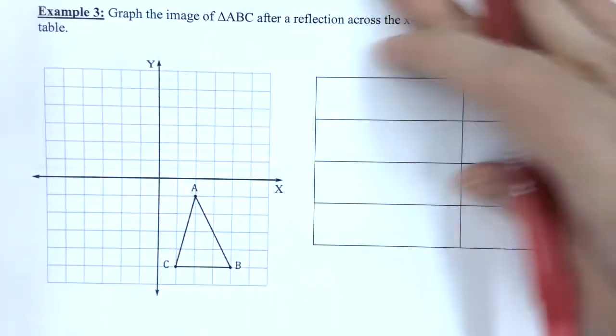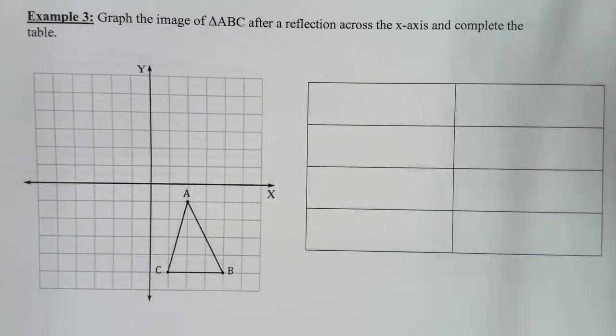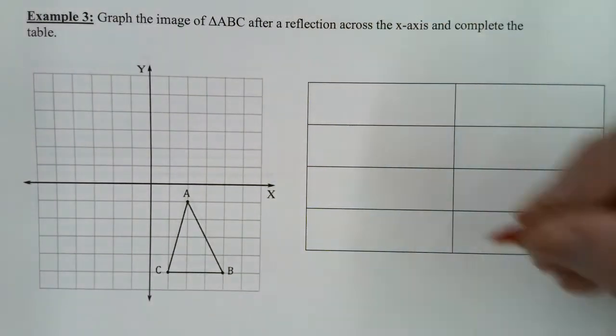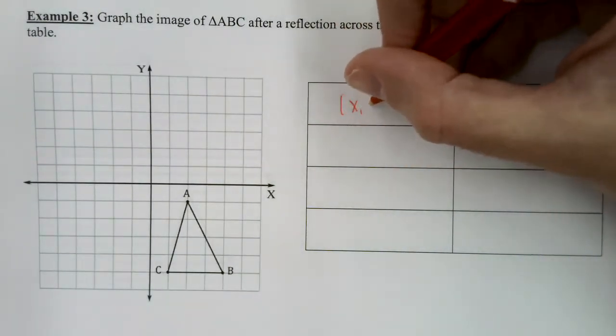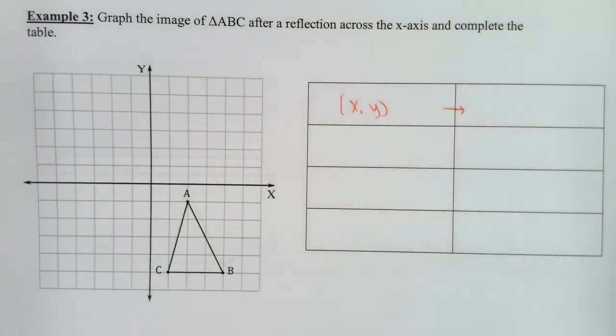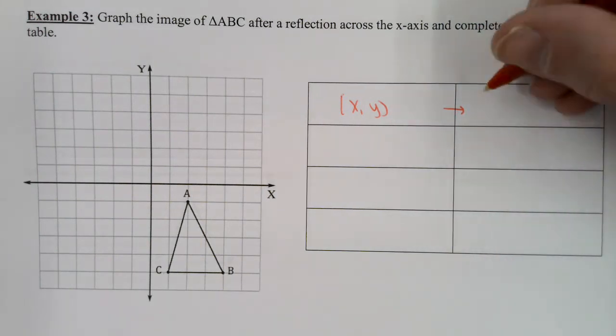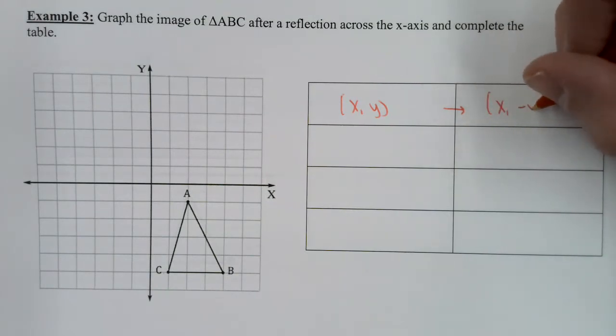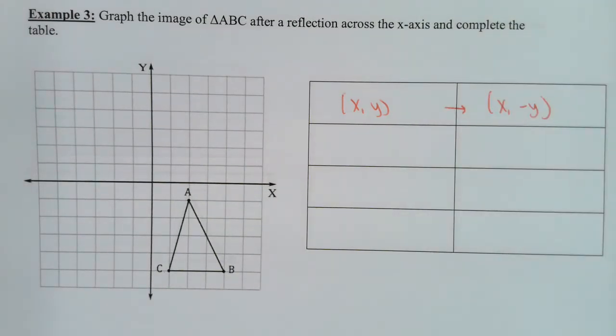Okay, so in my top row in the table, I'm going to put my reflection rule, reflect across the x-axis. So the rule is xy maps onto, when you reflect across the x-axis, think back to the first page. The rule is xy maps onto x opposite y. Okay, so if you forgot that, that rule is on the first page in that table we did.